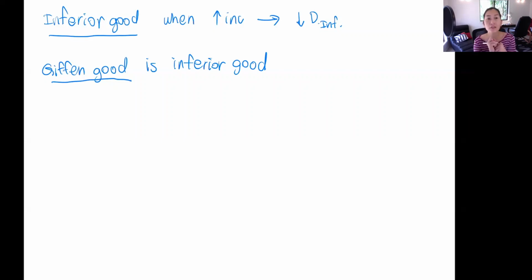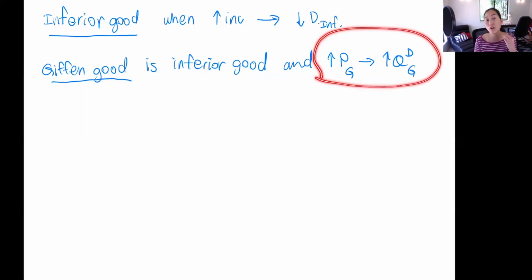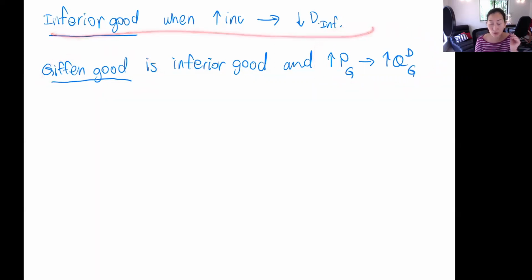Another characteristic of Giffen good is that when the price of the Giffen good PG increases, the quantity demanded of the Giffen good also increases. So you can see that it doesn't follow the law of demand, but inferior goods in general would follow the law of demand, only this exceptional case of the Giffen good.